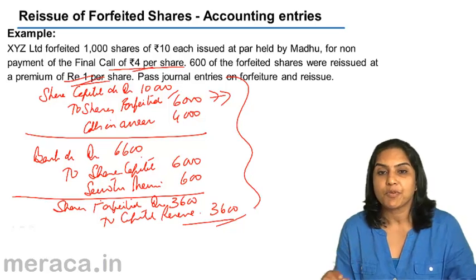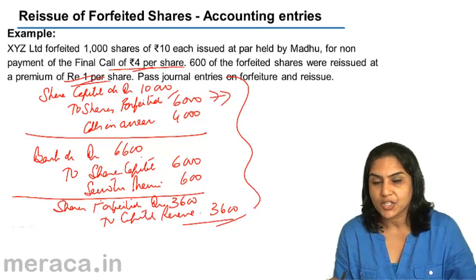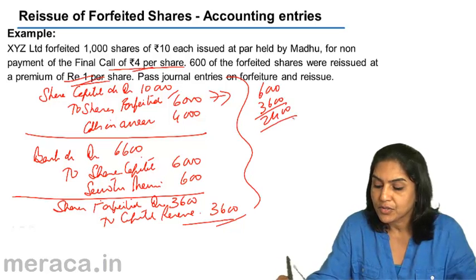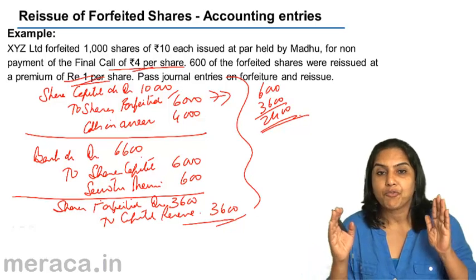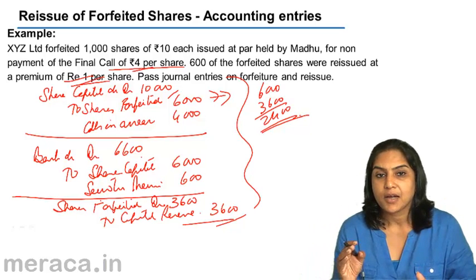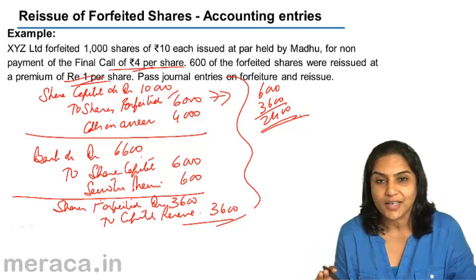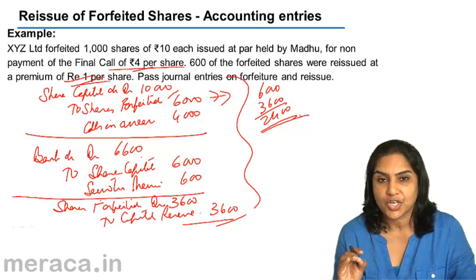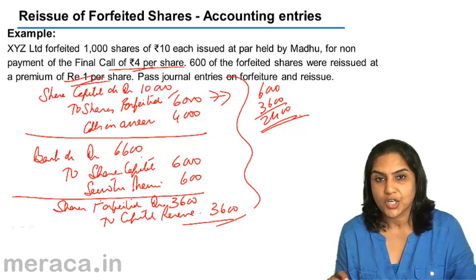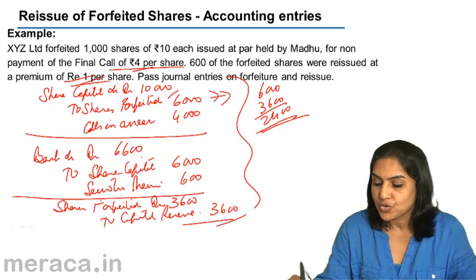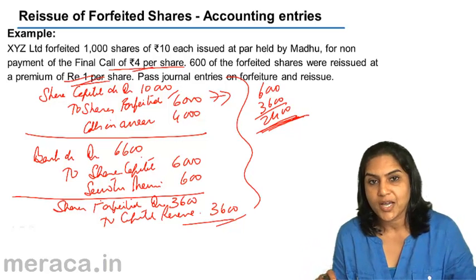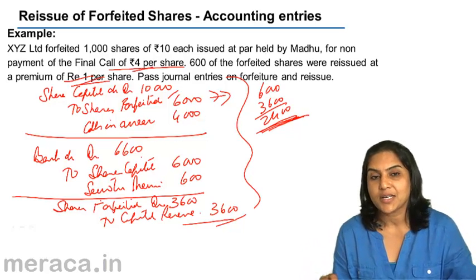This again, as before, leaves us with a balance of 2,400 in the shares forfeited account, which is nothing but 400 shares forfeited but not yet reissued. 6 rupees per share was received in the shares forfeited. 6 rupees into 400 shares gives us 2,400, representing the profit on the shares forfeited, not yet reissued.